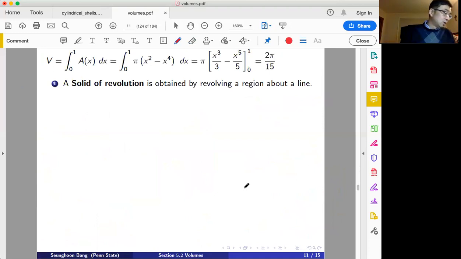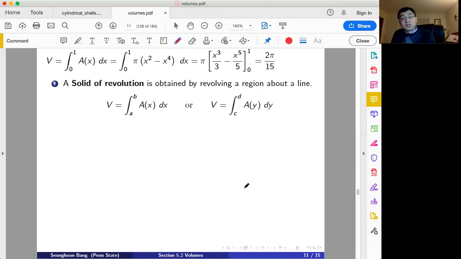So I want to summarize. A solid of revolution is obtained by revolving a region about a line. The volume is integral from a to b of A(x) dx, or the volume is integral from c to d of A(y) dy. So we have two kinds of cross section.